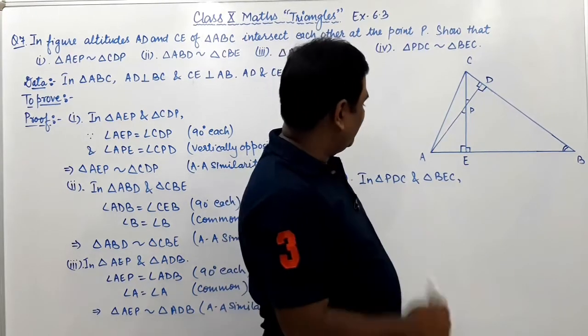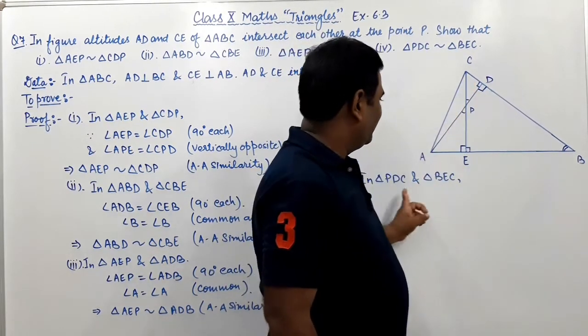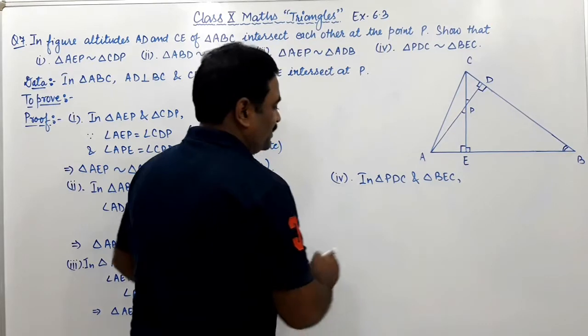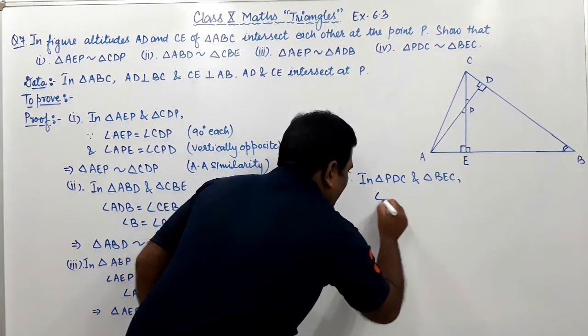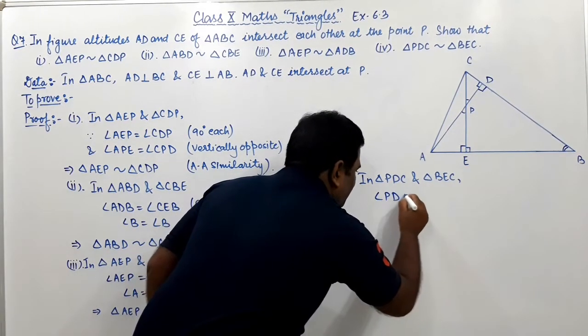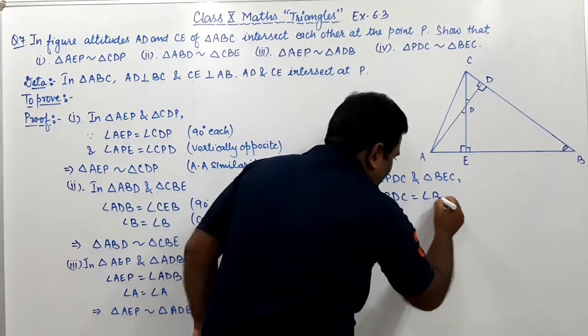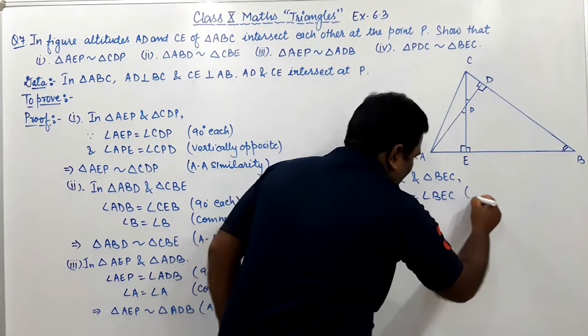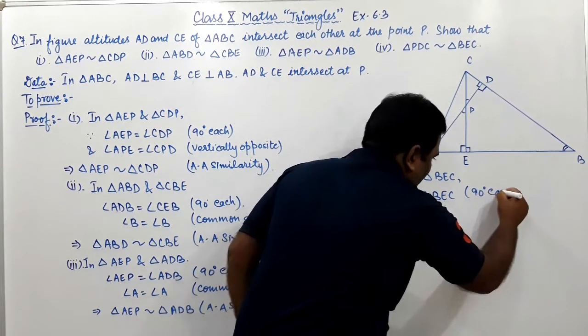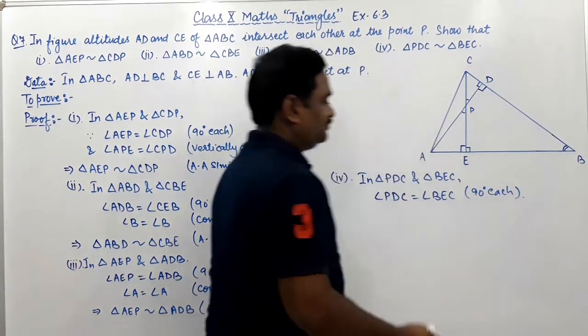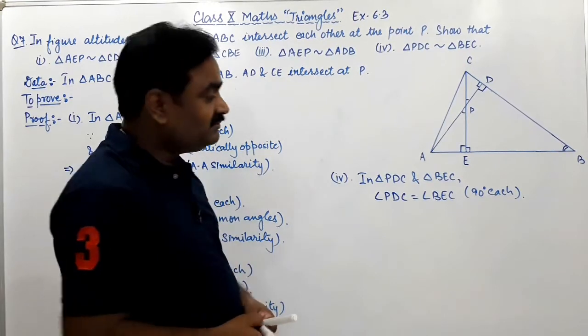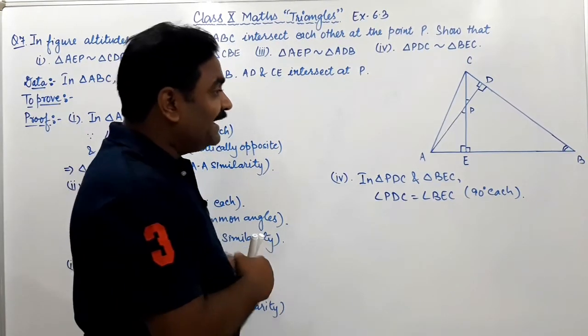ठीक है, दोनों में पहले 90 डिग्री, इसका D 90 डिग्री है और इसका E 90 डिग्री है. सो यू कैन राइट एंगल PDC इज इक्वल्स टू एंगल BEC, 90 डिग्री ईच. ओके, नाउ इज देयर एनी एंगल कॉमन?